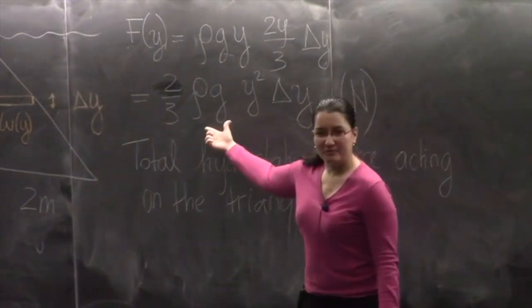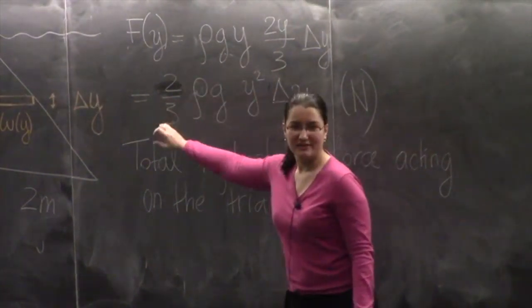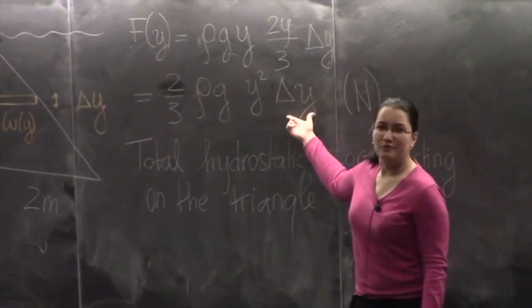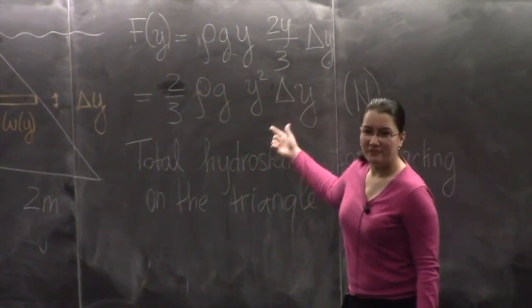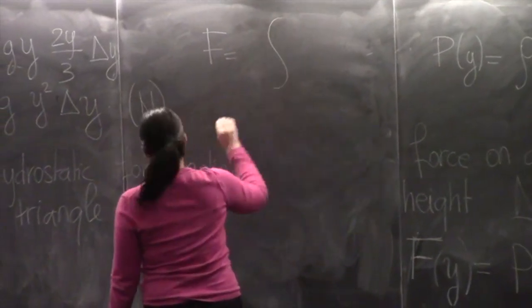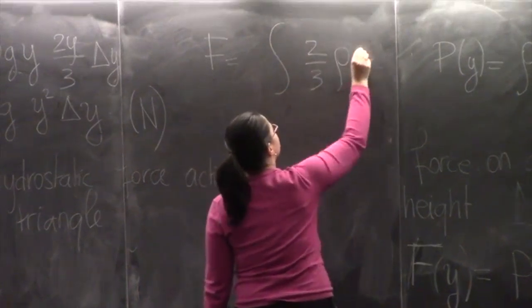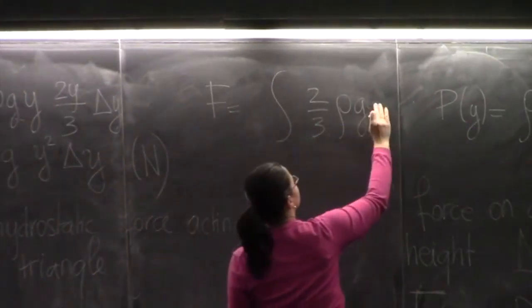So we just take the number over here. Now this is the function. Delta y is going to form the dy of our new integral. So when we compute the total force, we've got an integral. We just copy 2 over 3 rho g y squared.